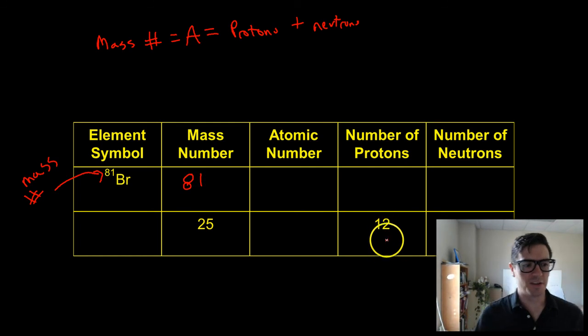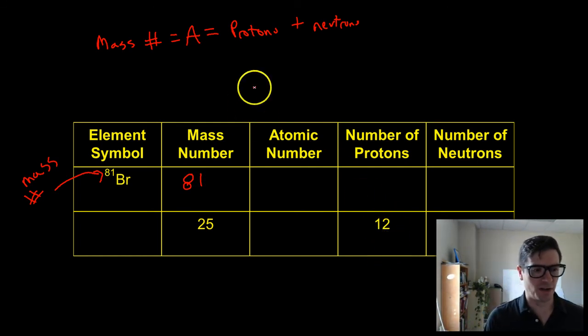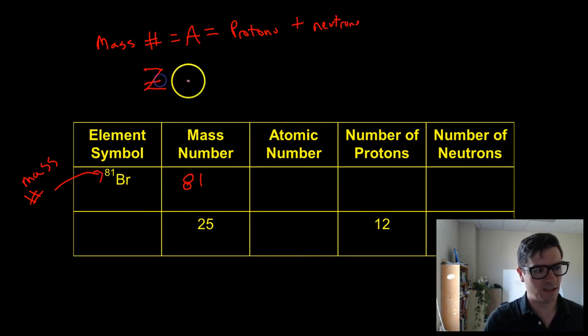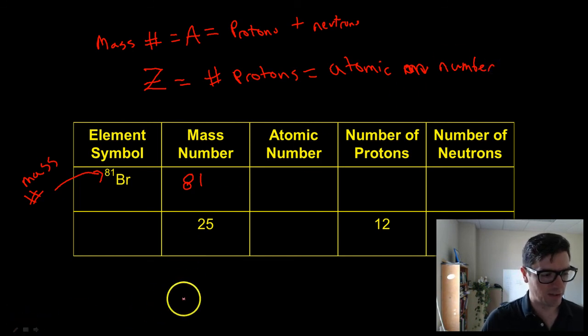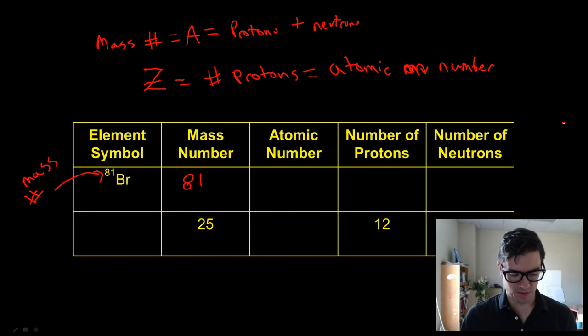The second thing you want to know is that the atomic number is Z. That's the number of protons. In order to do that, most of you had to look at the periodic table, and I'm going to pull one up here in a sec.